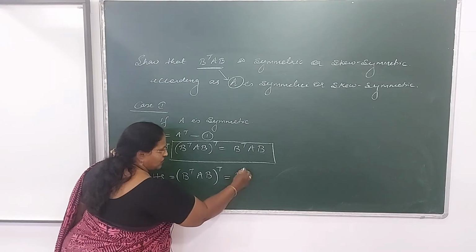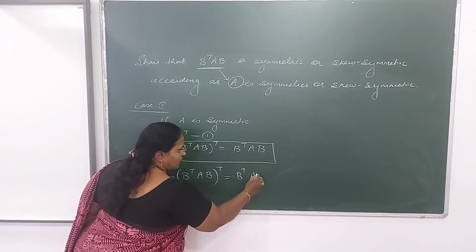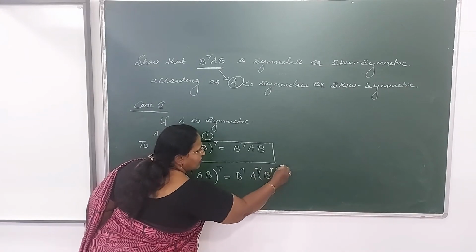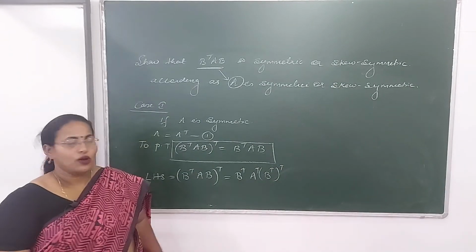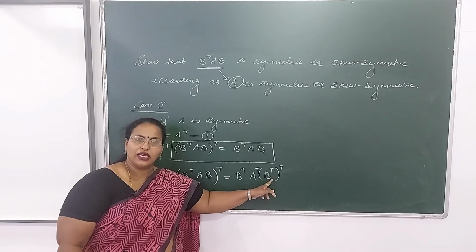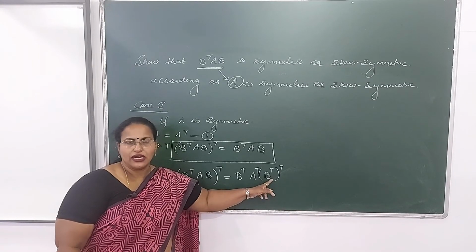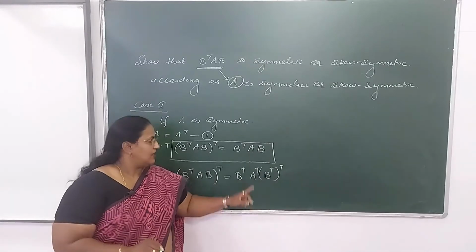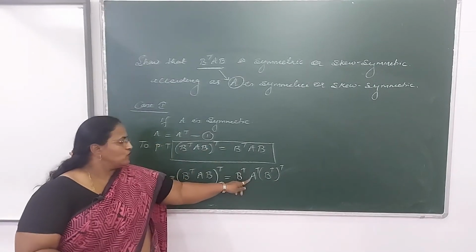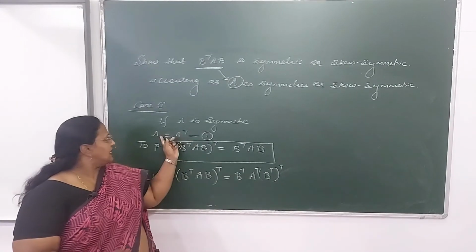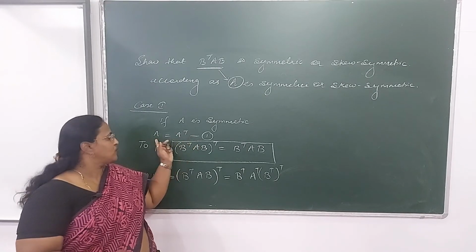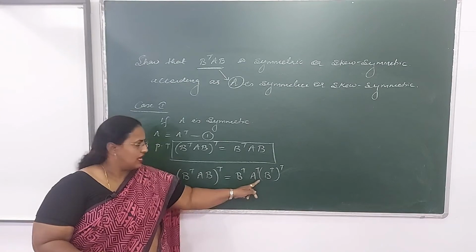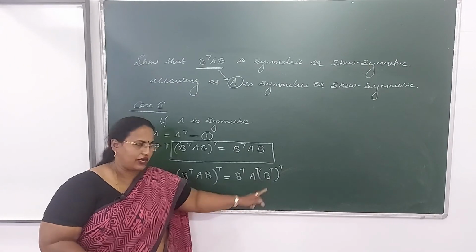So this is B transpose, A transpose, B transpose whole transpose. Once again here you will be applying the same. We know that transpose of A transpose is A. Likewise, here you will use equation 1. Since A is a symmetric matrix, A transpose is equal to A. So this A transpose can be replaced by A, and here you will be applying the property.